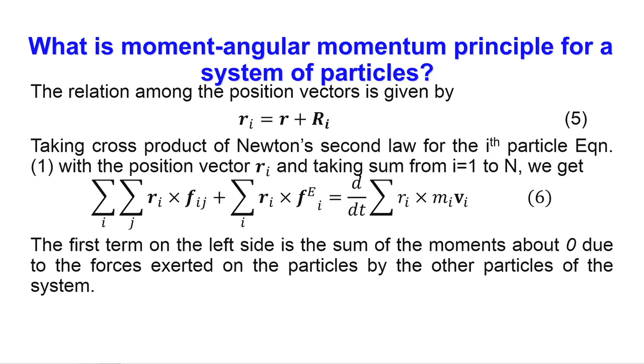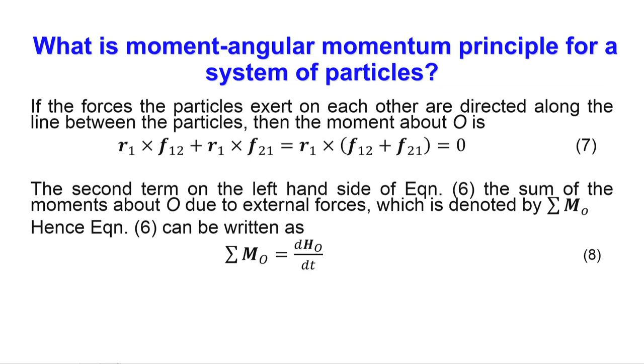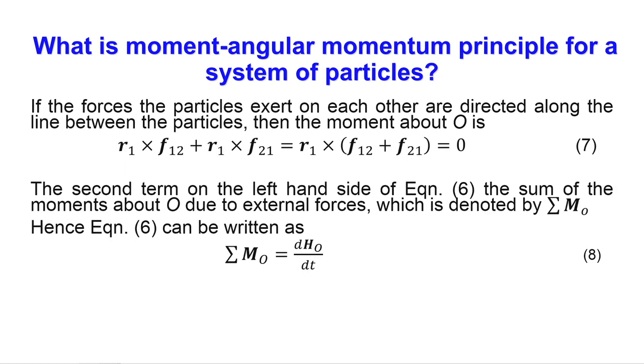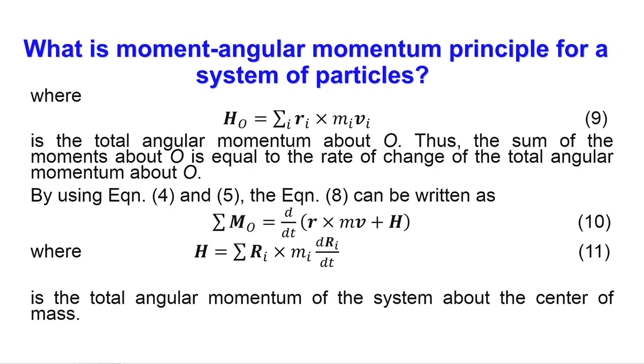If we take the sum of all the moments acting on the particles, it becomes capital M_O. On the right side, sigma R_i cross m_i d/dt of v_i, we write as dH_O/dt, where H_O equals sigma R_i cross m_i v_i. This is H_O, the total angular momentum about O.